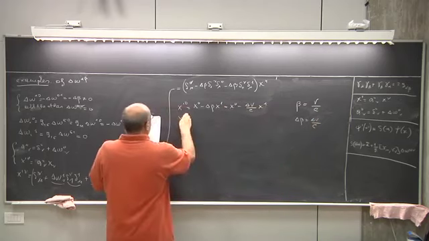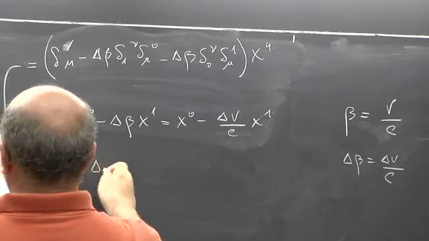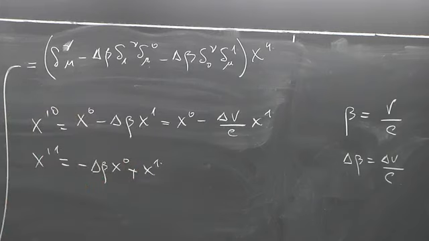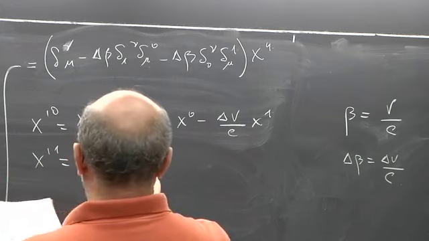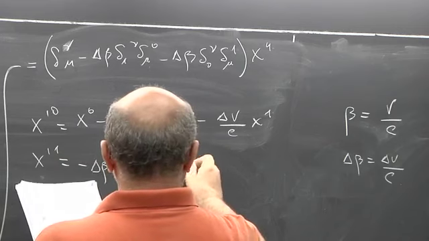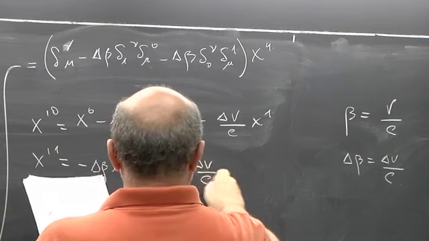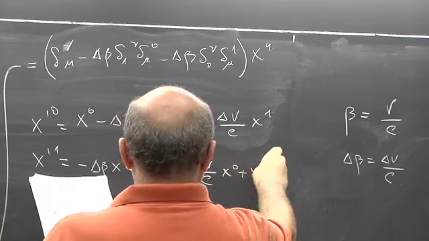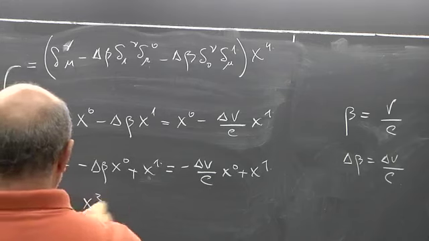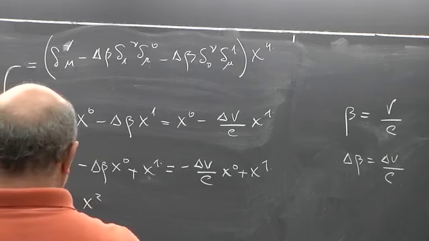Then I have x prime 1 equal to minus delta beta x0 plus x1. Choosing nu equal 1, you get these things. This is nothing else than minus delta v over c x0 plus x1, and then you get that x prime 2 is equal to x2 and x prime 3 is equal to x3.